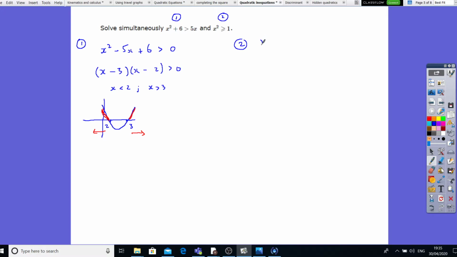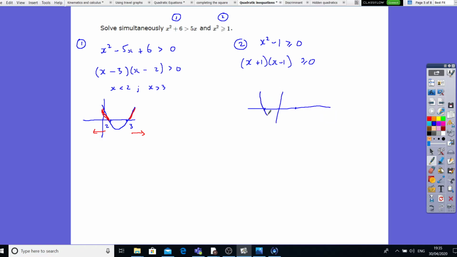Similarly, bring everything to one side, so you get x squared minus 1 is greater than or equal to 0. So that's just the difference between two squares. We can factorize that by putting x plus 1 and then x minus 1 is greater than or equal to 0. Again, if we do a quick sketch, we've got 1 and minus 1.